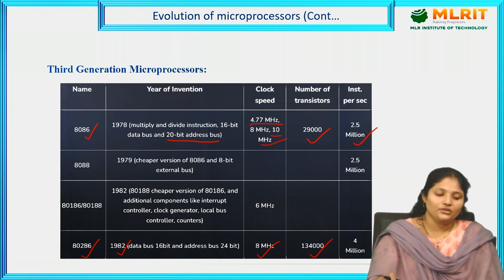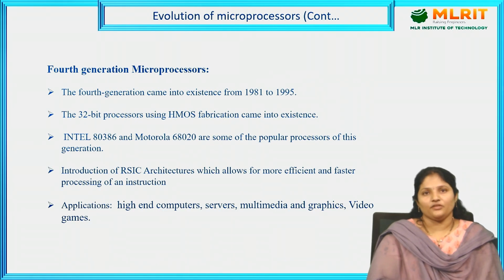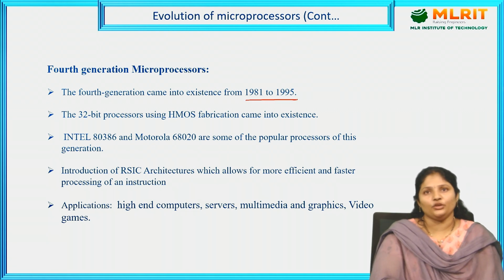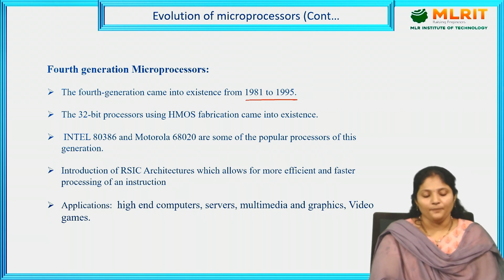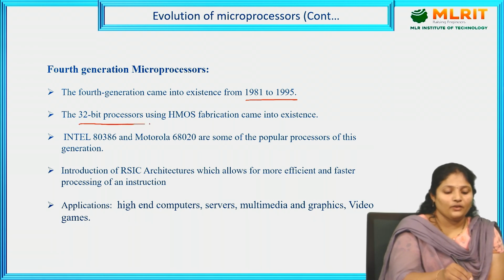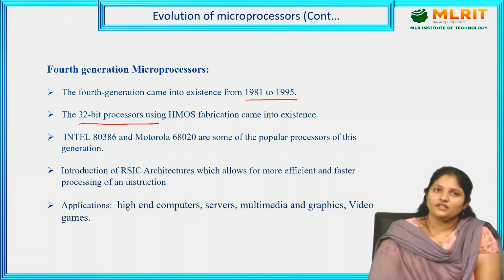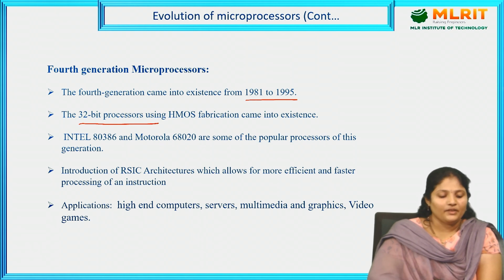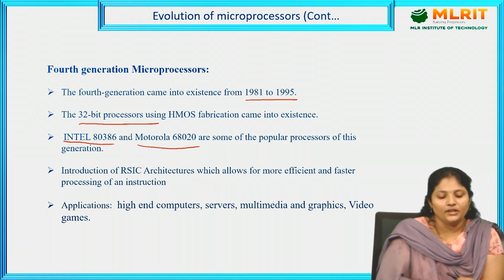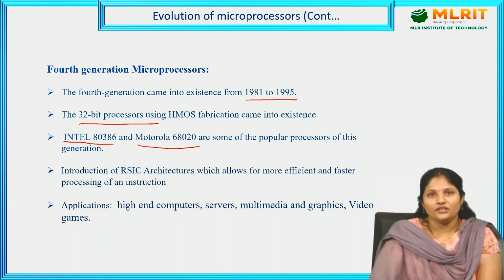So next, coming to the fourth generation microprocessors. This era continued from 1981 to 1995. Basically these are 32-bit microprocessors which can perform 32 bits of operations at a time, in a single clock cycle. Along with the Intel 80386, Motorola introduced the 68020 microprocessor, a very popular microprocessor.